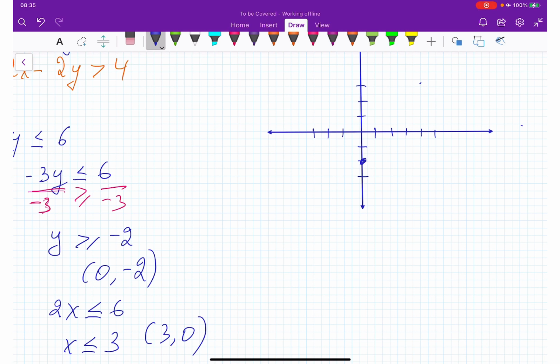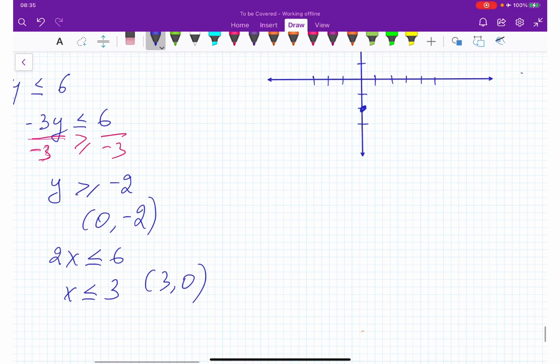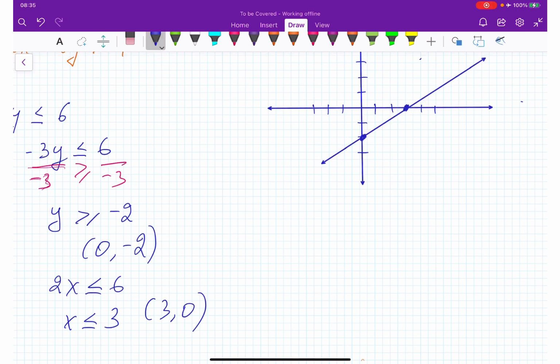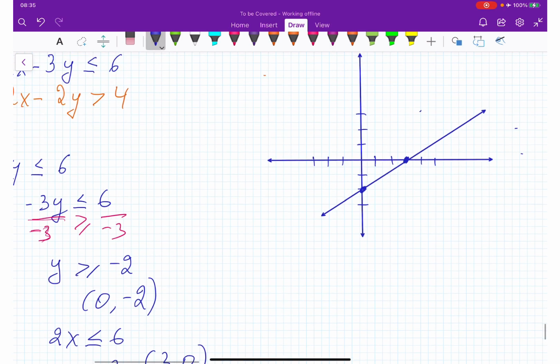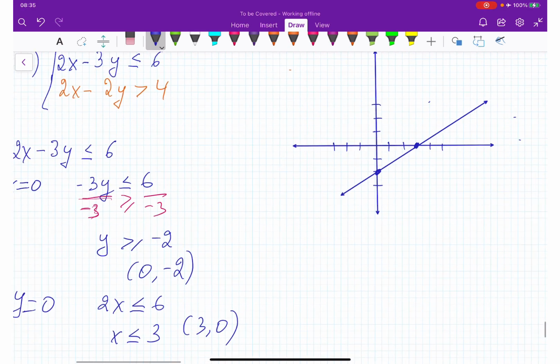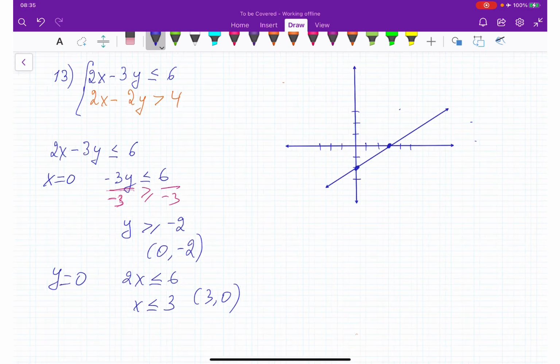Here it is. And the other one is going to be 3 and 0. There we go. And the graph will go through this. Now it's going to be solid because we have an equal sign involved.